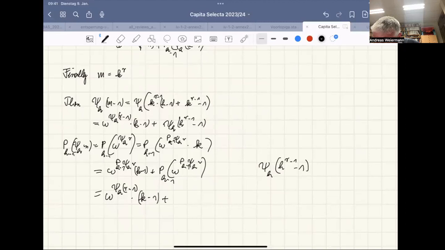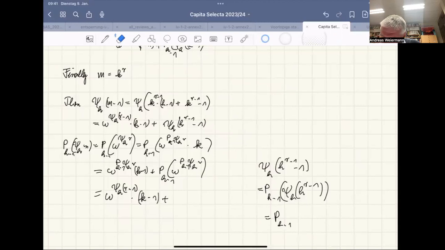It will be ck minus 1 of ck of k to the r minus 1 by induction hypothesis, which is the same as pk minus 1 ck of, so here we get omega to the ck of r minus 1.